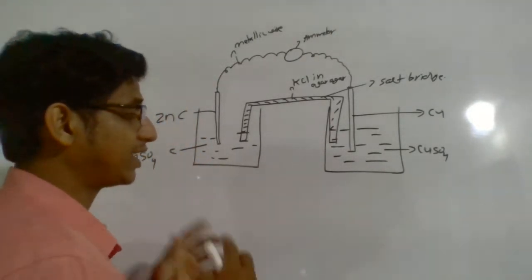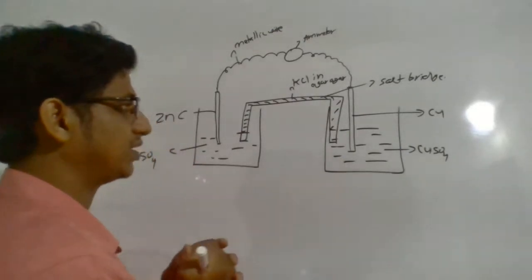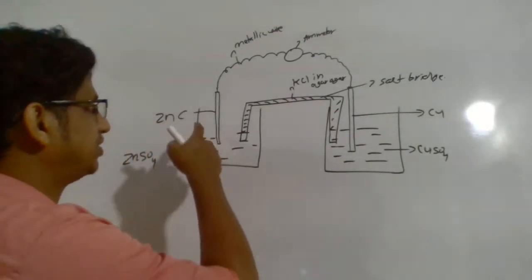By using this particular cell we can understand the natural tendency of zinc with respect to copper.